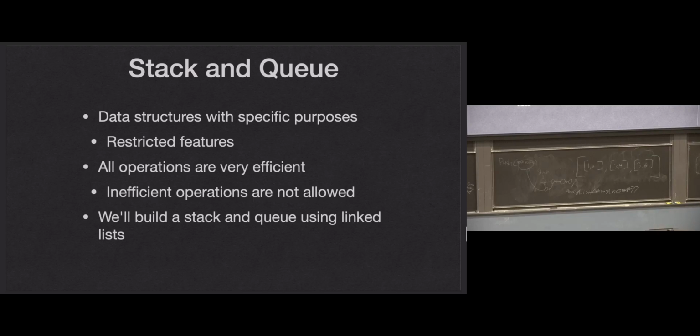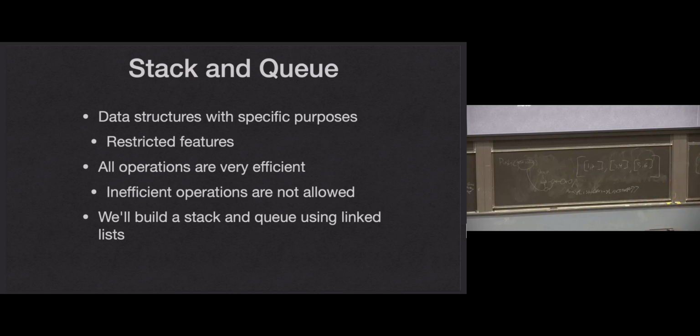But actually, I can say that right on this slide. So we're going to build a stack and a queue from a linked list. My counterpoint to doing that is, why not just use a linked list as a stack and as a queue? If you understand what stacks and queues are in concept, you can take a linked list and just use it as a stack or a queue, and just be careful about what you're doing with it.